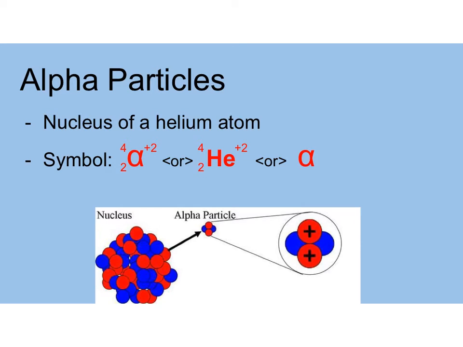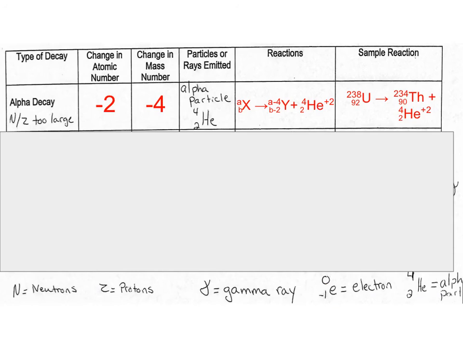We could also see it as 2, 4, +2 with an He, because those two symbols are interchangeable. Alpha and helium mean the same. Or we could just simply go with the alpha particle. It's a lot less descriptive though, so we're going to prefer those first two. And here we have our alpha particle with 2 positive protons, 2 neutral neutrons.